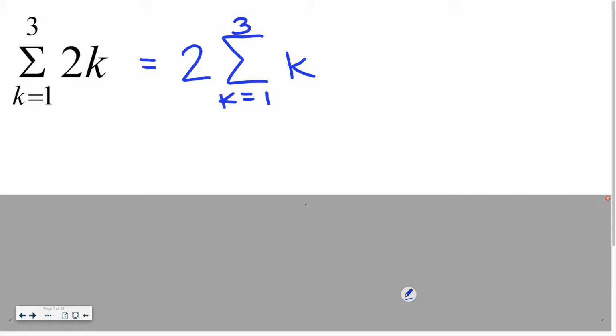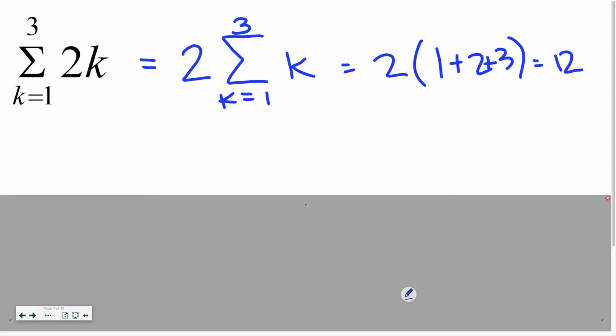Those would mean the same thing. I don't think either way is going to be overly difficult for us to do in our head. But 1 plus 2 plus 3 is a little bit quicker than 2 plus 4 plus 6. So we have 2 times 1 plus 2 plus 3 to get us our sum of 12.